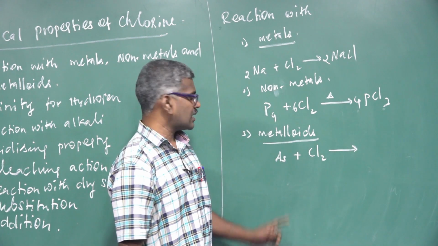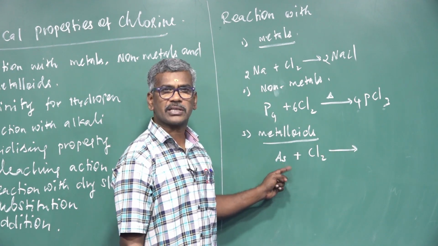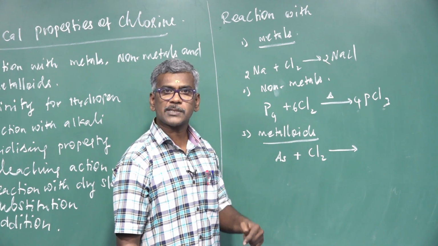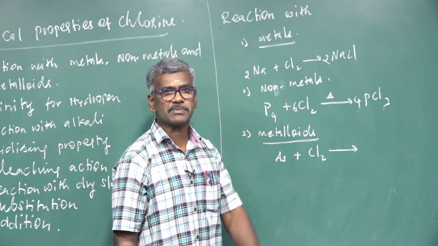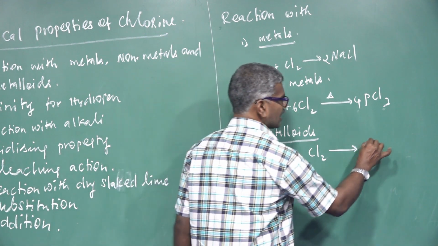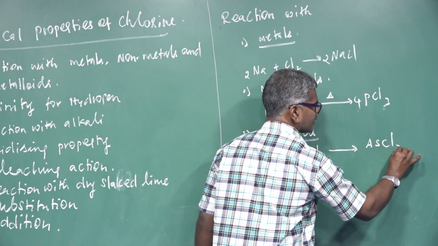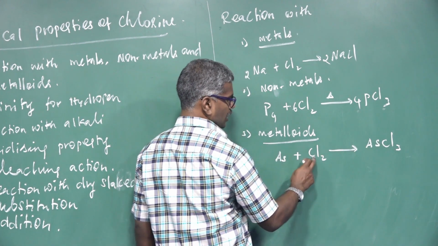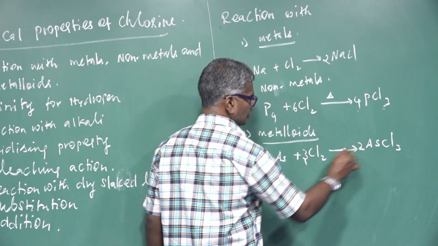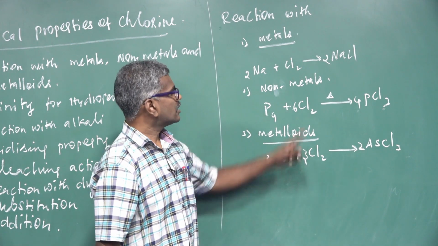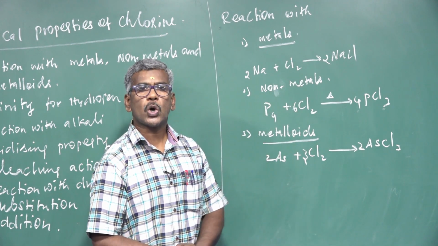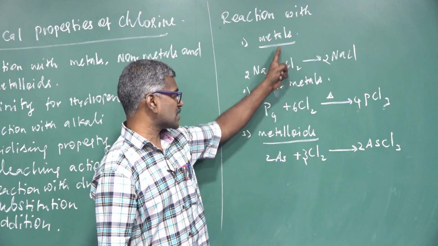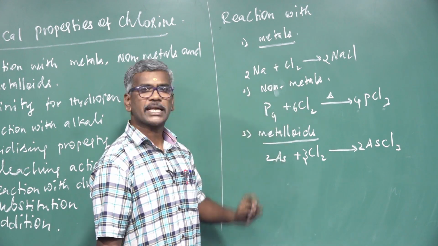Arsenic has valency +3 because it is in the nitrogen family. What are the nitrogen family? Nitrogen, phosphorus, arsenic, antimony, bismuth. So valency 3, it forms AsCl3. Balancing the equation: 3, here 2, 3 times, here 2. These are all the equations for chlorine reacting with metals, non-metals and metalloids.